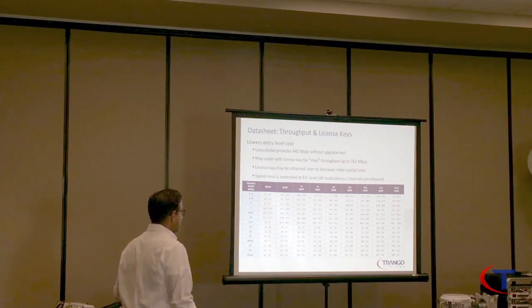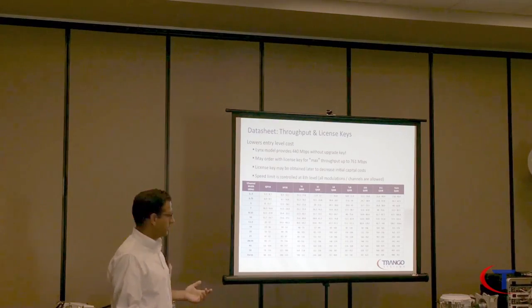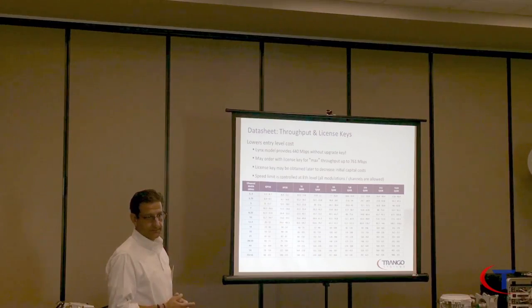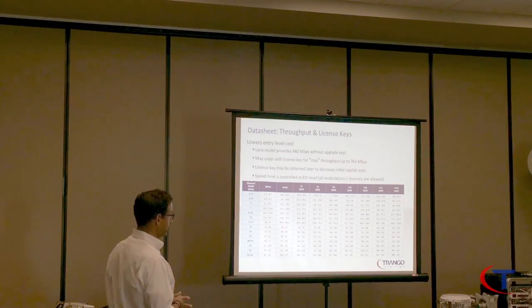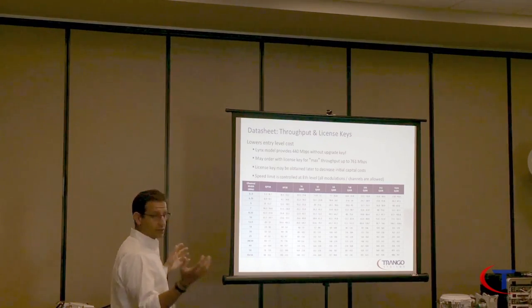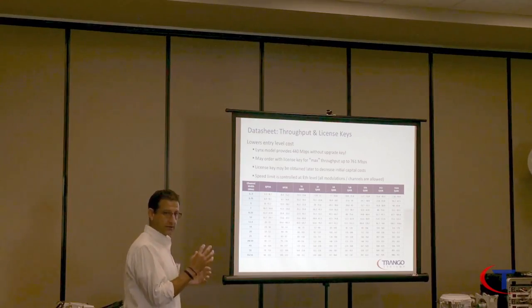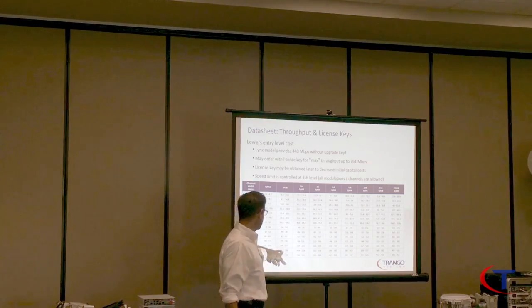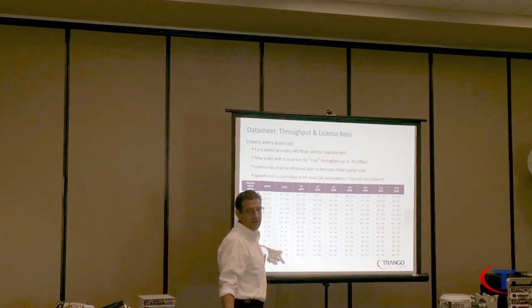But if your link only needs 100 megabits per second, then you might consider licensing a smaller channel. Or, if it's a very long link, you use a larger channel but much lower modulation.